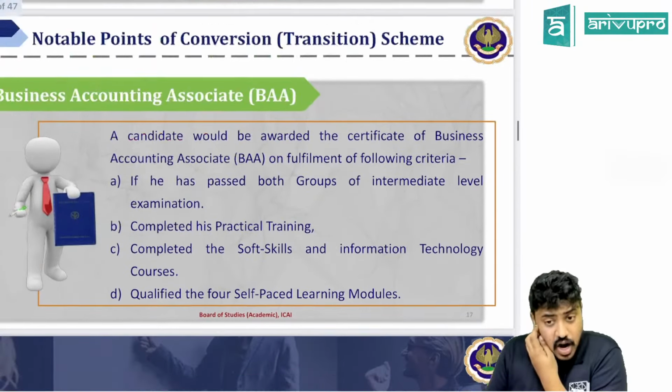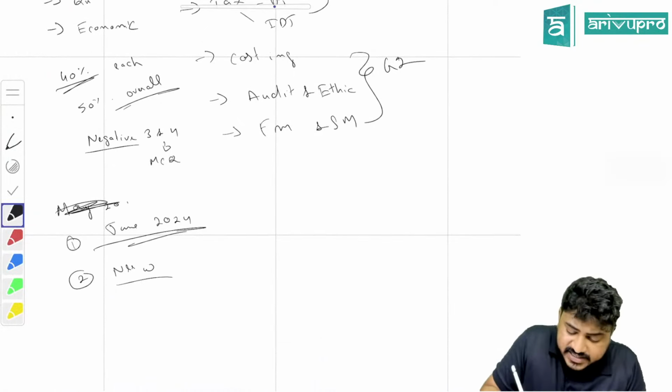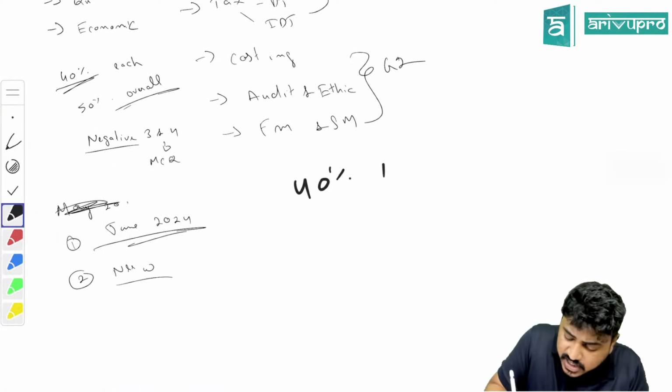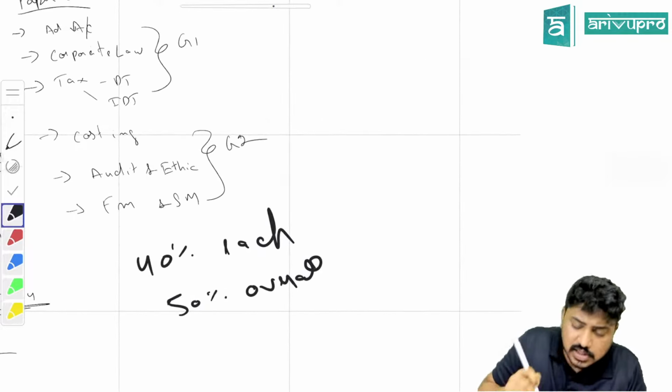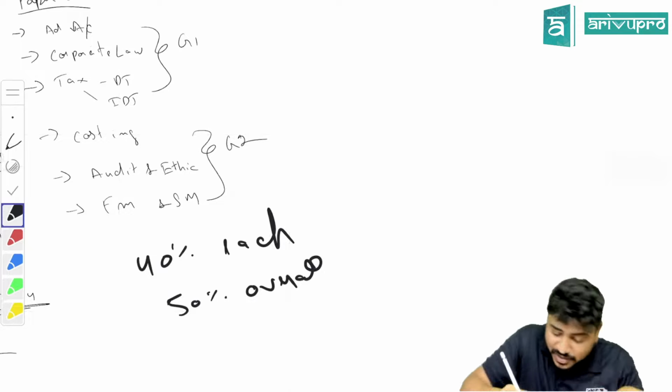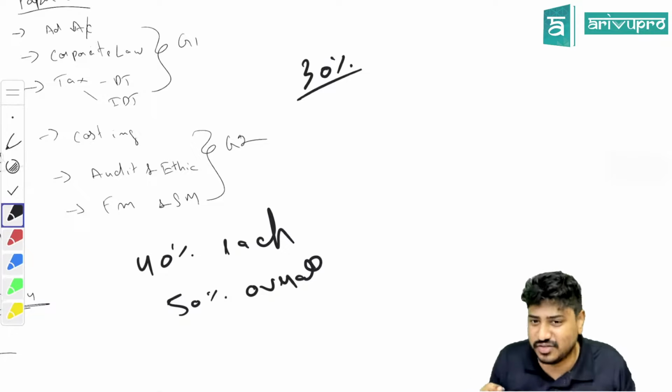Right? Now, what are the exam changes? 40% in each paper, and 50 overall. Now, sir, they have added something called 30% MCQ or case study based objective questions.